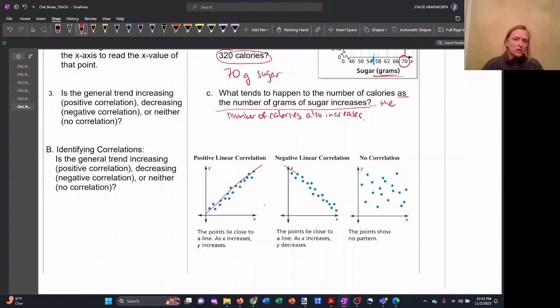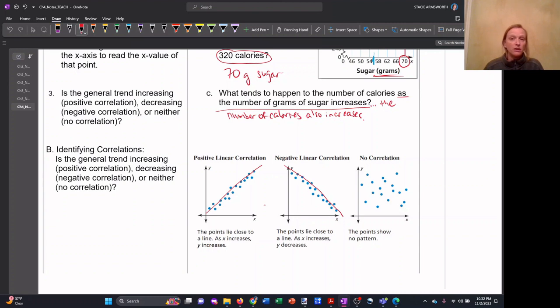You can have a straight line slope where as x increases, y decreases. The general trend is to have this negative slope, which is called a negative linear correlation. You can also have no correlation at all. The points don't show a pattern.